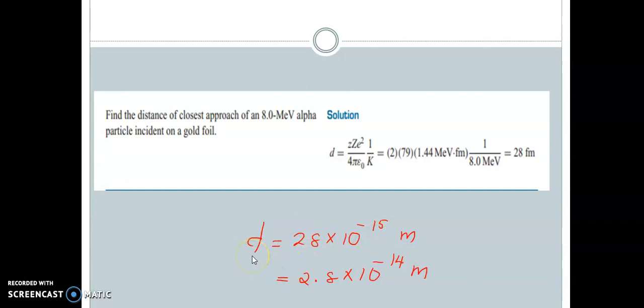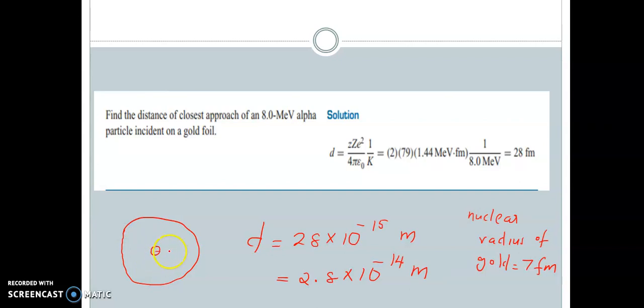But this quantity is larger than the nuclear radius. So in the case of gold, nuclear radius is about 7 femtometers. So D is much greater than the nuclear radius of the gold. D is less than the atomic radius, but it's greater than the nuclear radius.